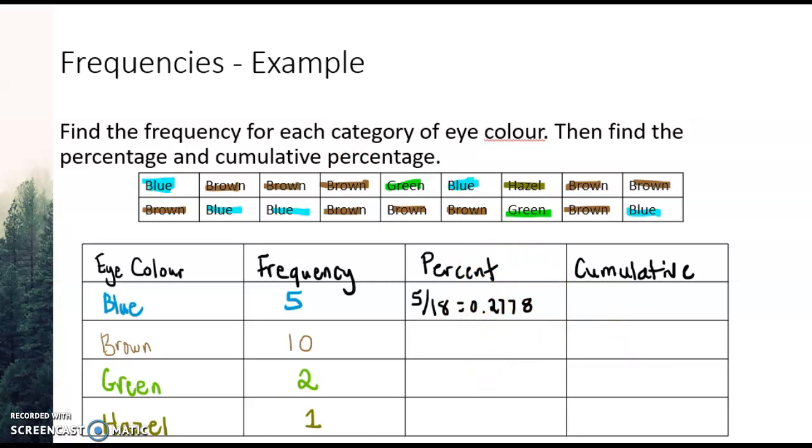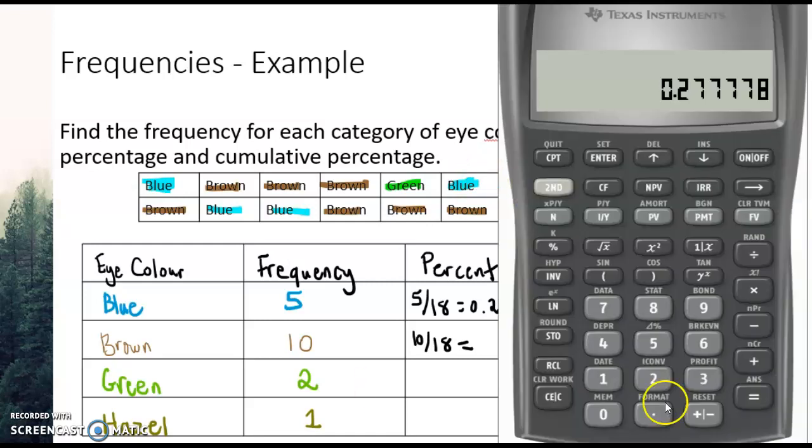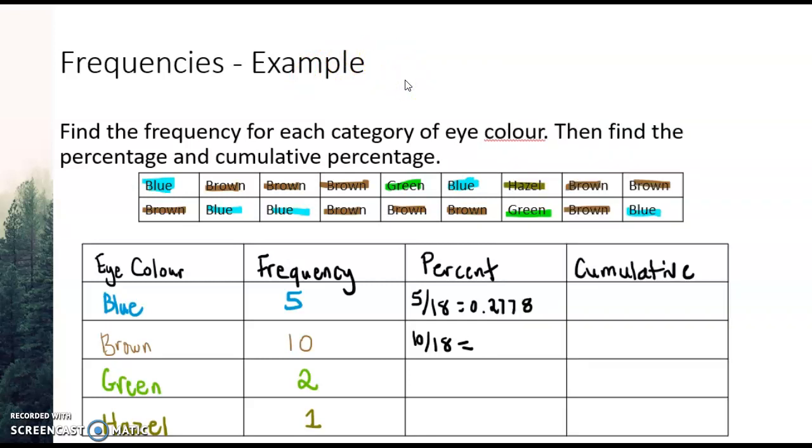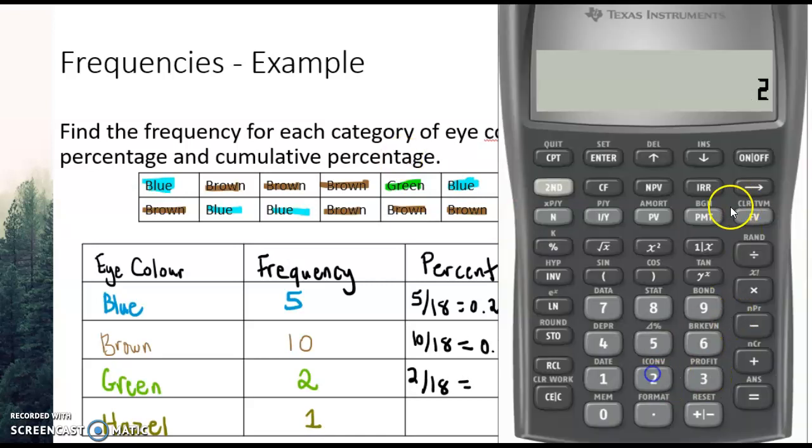So that brown will be 10 out of 18 people have brown eyes. 10 out of 18 is about 56%. I'll keep 4 decimal places just to make sure I have enough precision for now. 2 out of 18 is the number of green. We know there's 18 people in all.